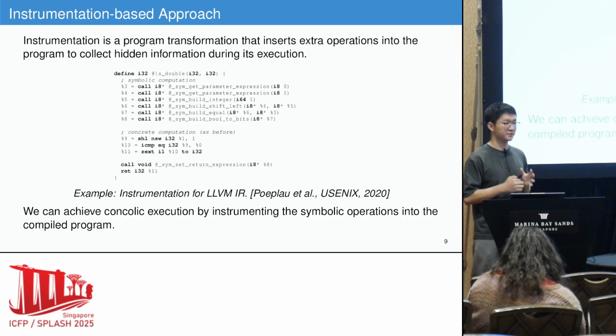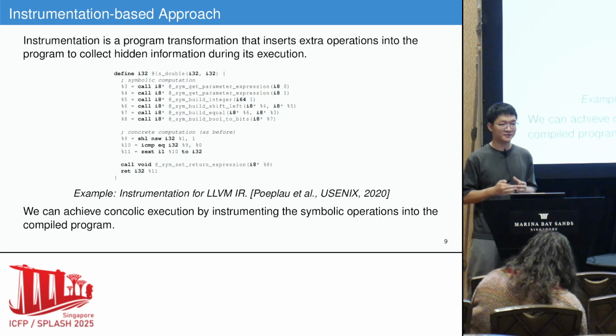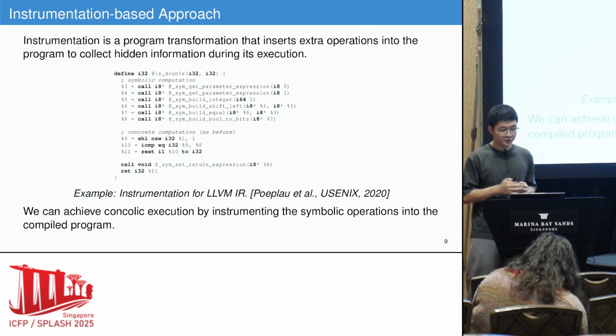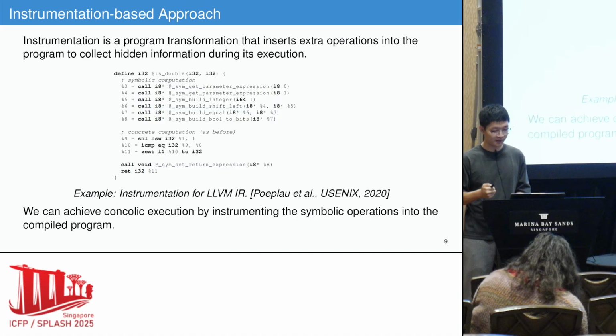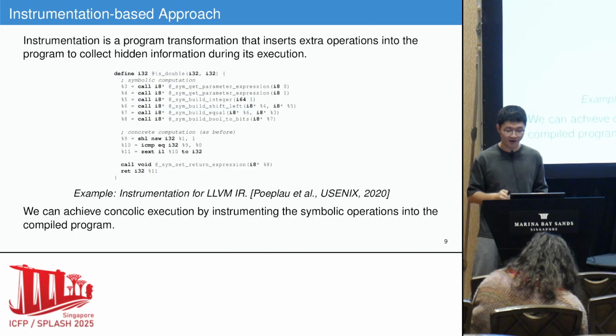A solution to the interpretation overhead is implementing Concolic execution by instrumentation. Instrumentation is a program transformation technique that inserts extra operations into the program to collect hidden information of the program during its execution. If we treat the path conditions as the hidden information we want to collect, we can build a Concolic executor via instrumentation. Here is an example for the instrumentation for our WAM.